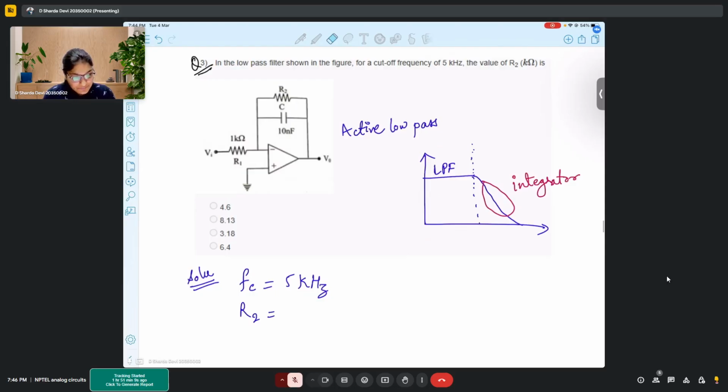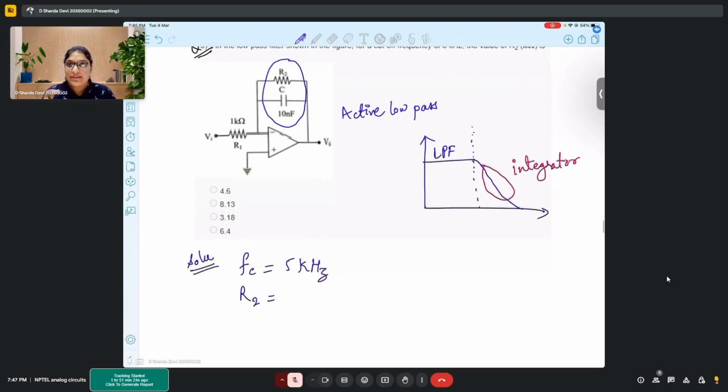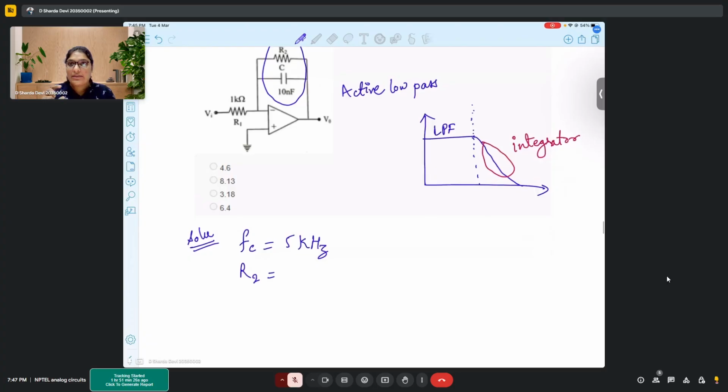So first of all, these two, capacitor and resistor, combined will give us the cutoff frequency or the pole that is required for the cutoff frequency. Okay.